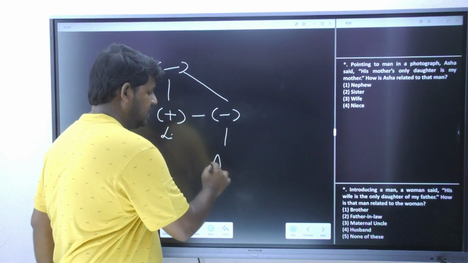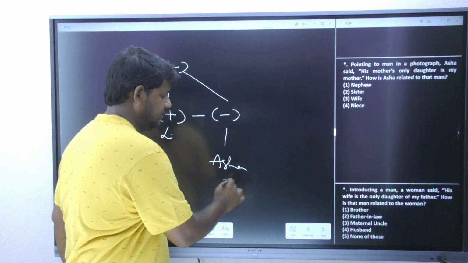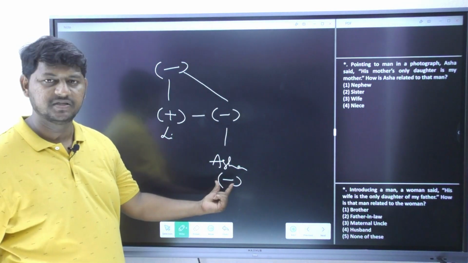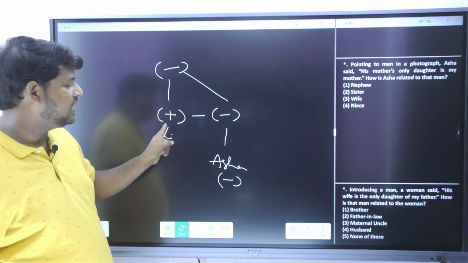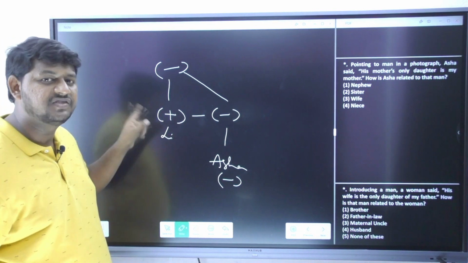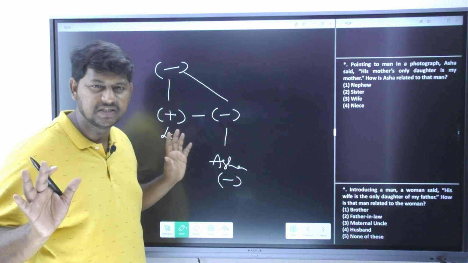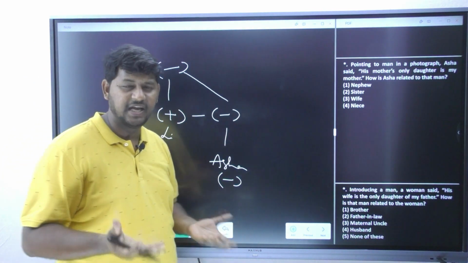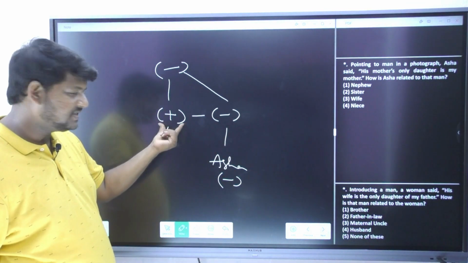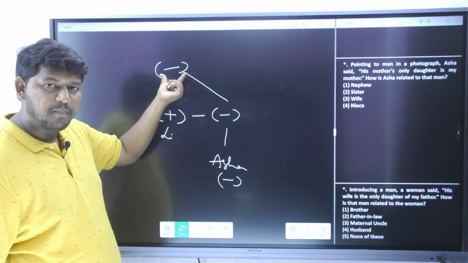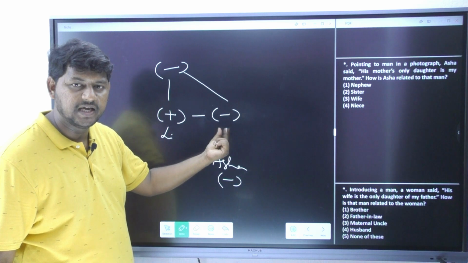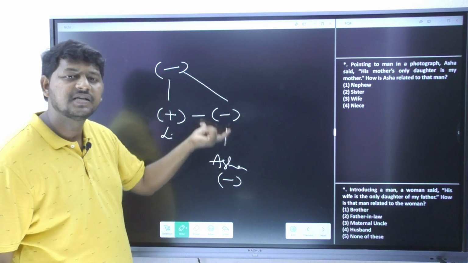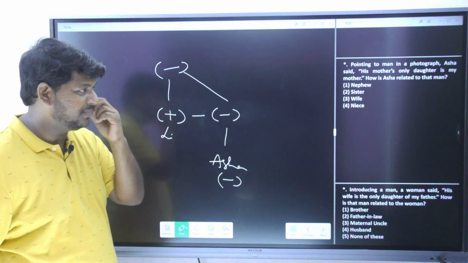So Asha is going to come over here. Asha's mother is the only daughter of that. His is nothing but some person over here. We cannot place the name of that person, so please, his mother's only daughter is actually Asha's mother. This is the way you are supposed to represent.